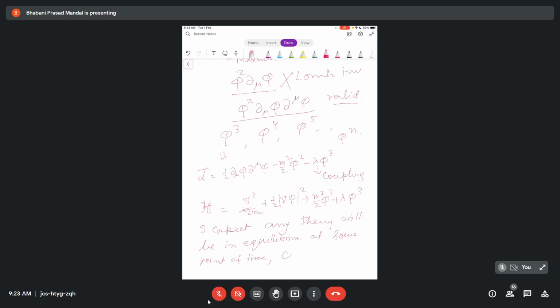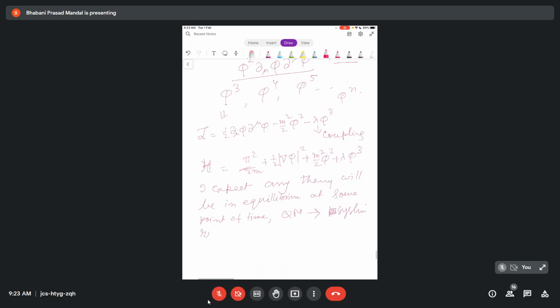And generally in quantum theory, this is when the system reaches the ground state, which is the lowest possible energy. When the system reaches the ground state, the lowest possible energy state, it will not go anywhere further, and it will then be in equilibrium.